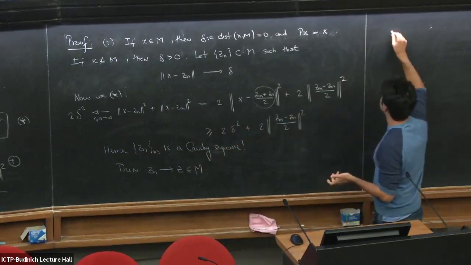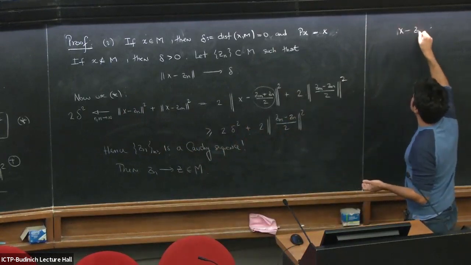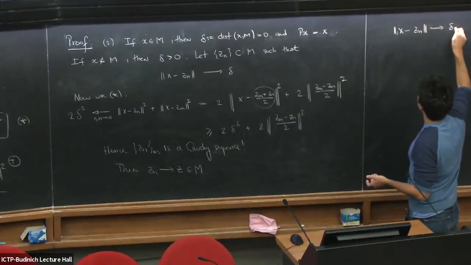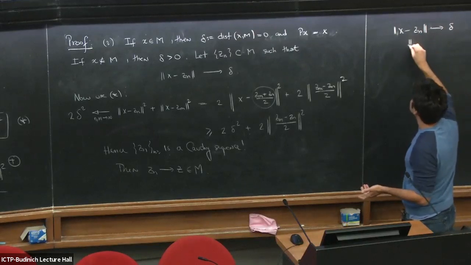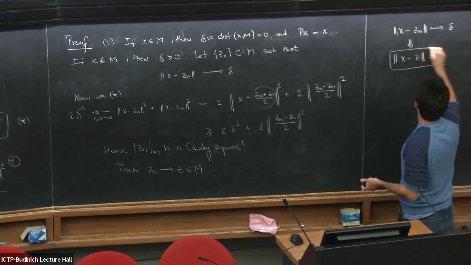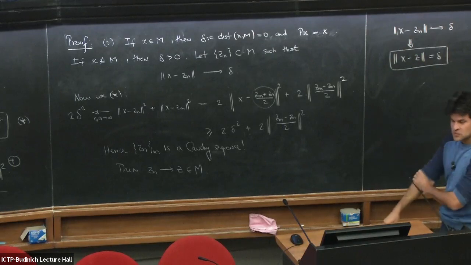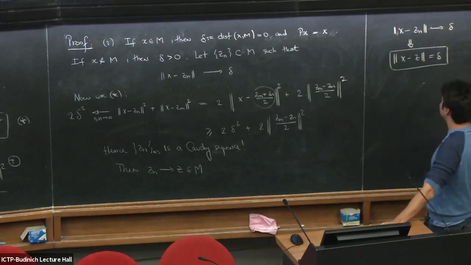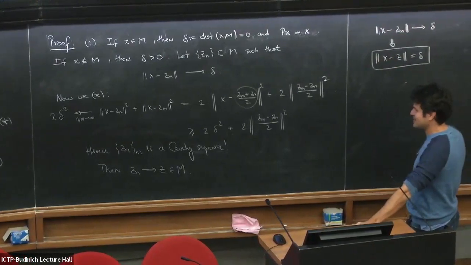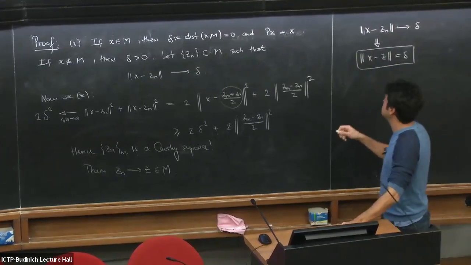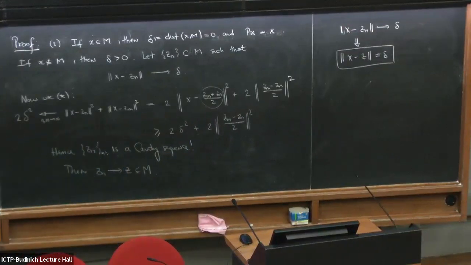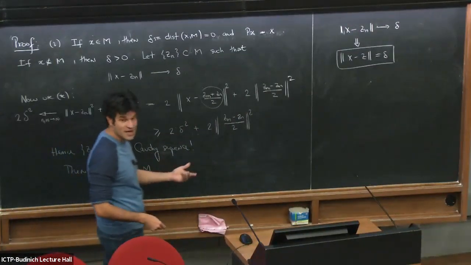And now, since x minus Zn was going to delta, at the limit this implies that the norm of x minus Z has to be equal to delta, because obviously the norm map is continuous. So we have proved the existence of a guy in the space that realizes the distance. So we have constructed a guy Z in M that realizes the distance.